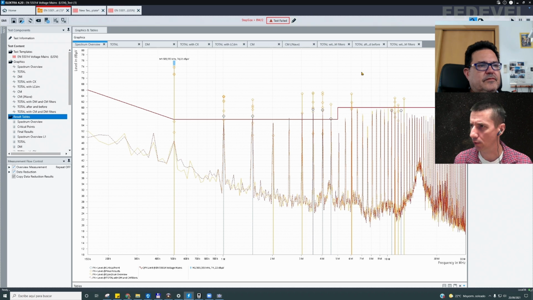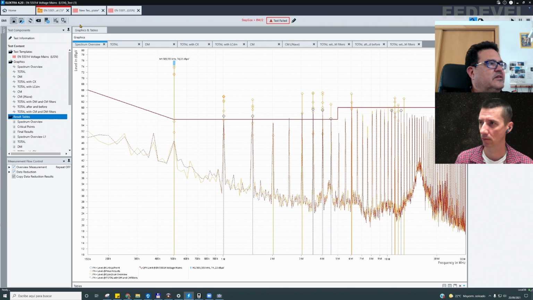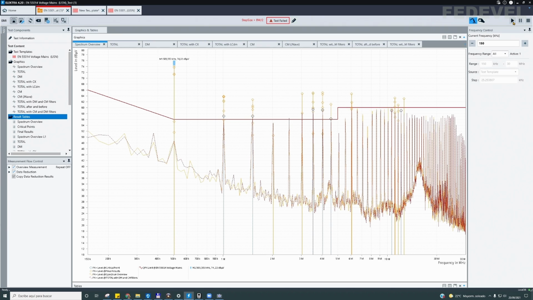And so how do you measure it? There is some kind of start button? Yes, once you have the test ready, you can click here, start. Okay, I see.